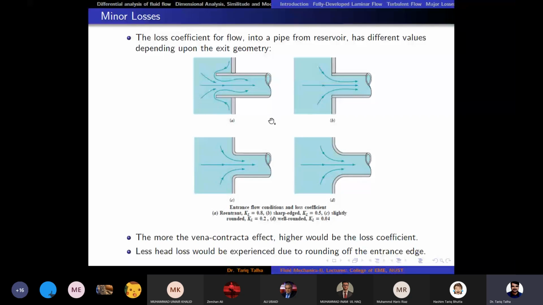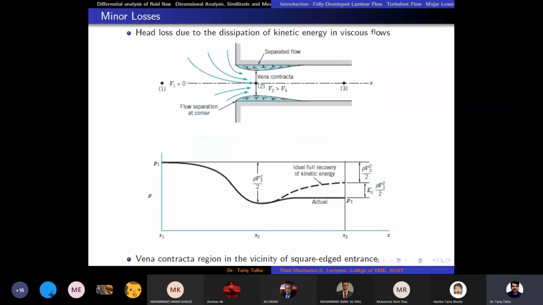And as I mentioned before, due to the vena contracta effect, it cannot take a 90-degree turn, so it would take it in some curved manner. That's why there is a flow separation. You see here that the flow separation is shown by this shaded region on these two surfaces.